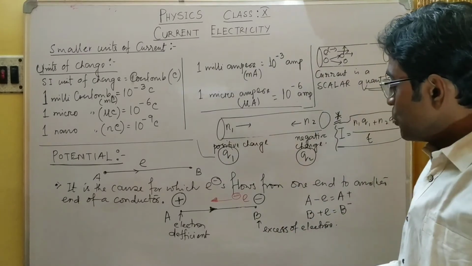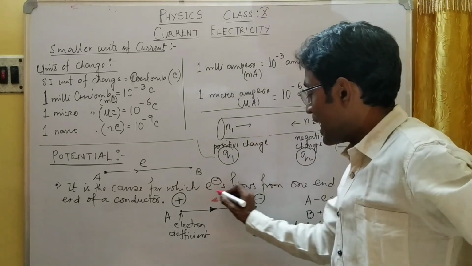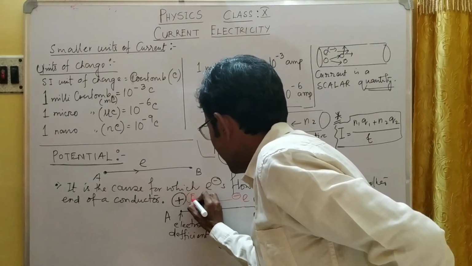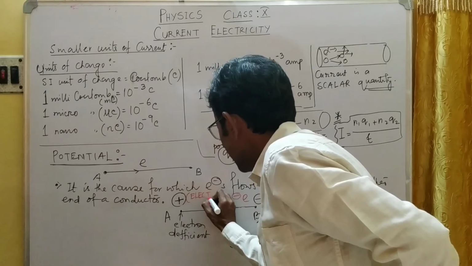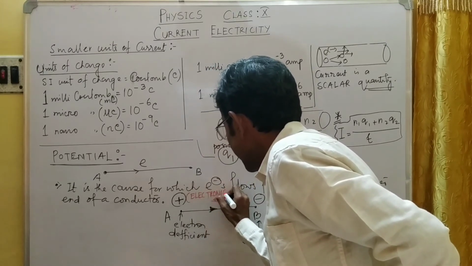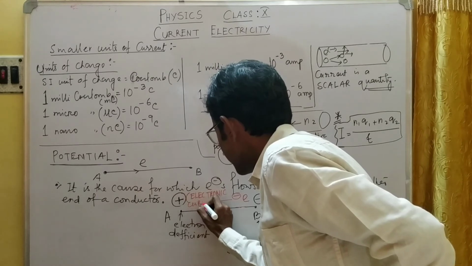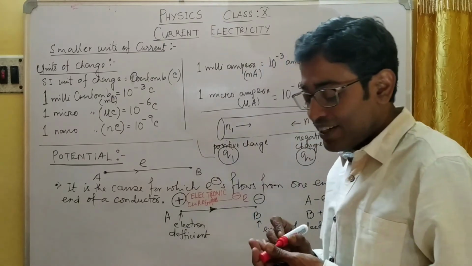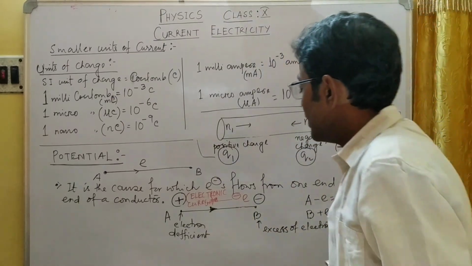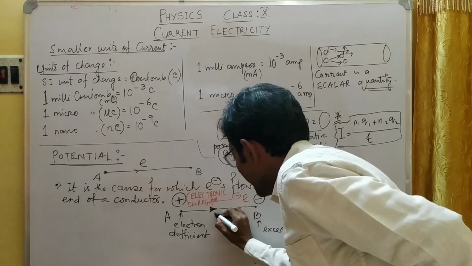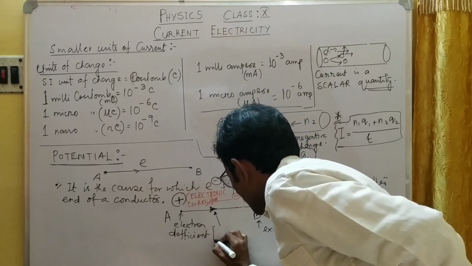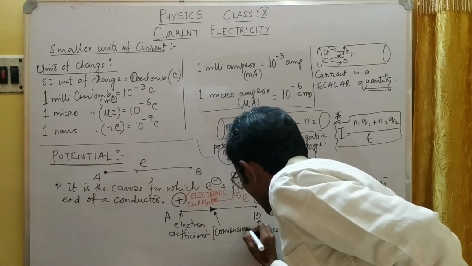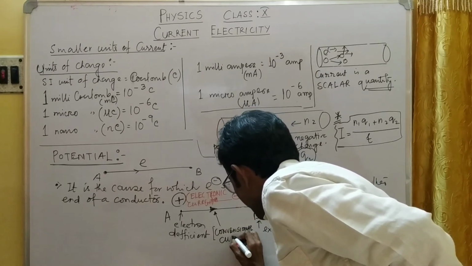So the direction in which electrons flow is called electronic current. And the direction we have given here with the arrow, positive to negative, is called conventional current. This is the direction of conventional current. Remember this.